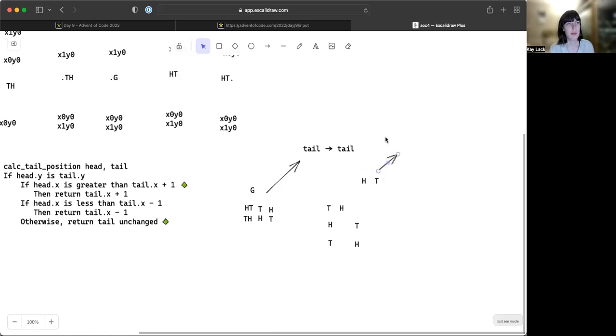or rather, tail x minus 1. This one results in tail x plus 1.